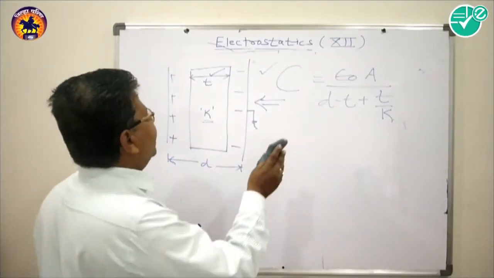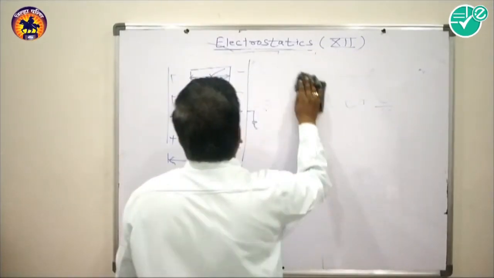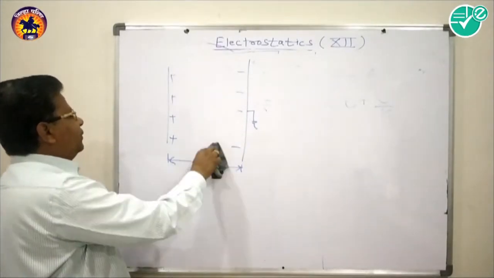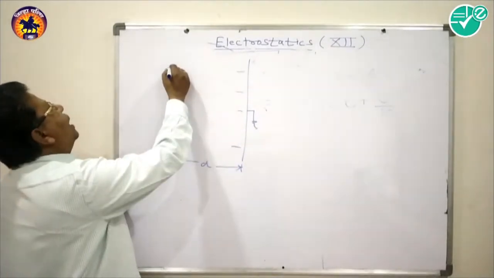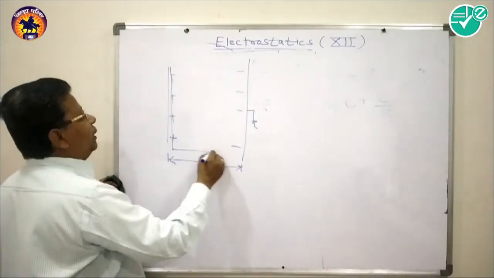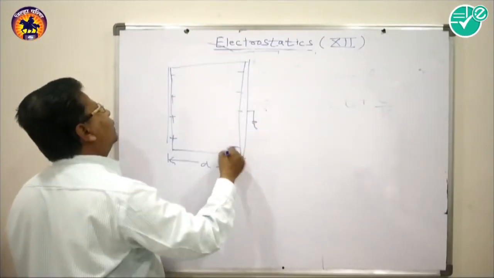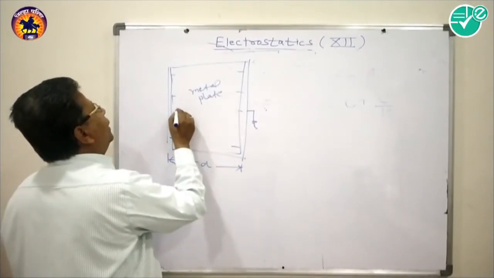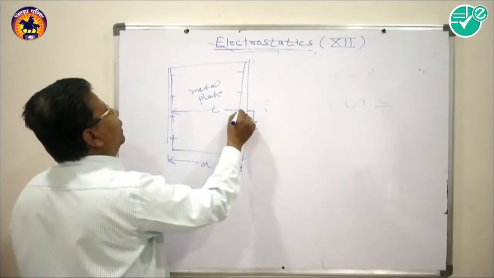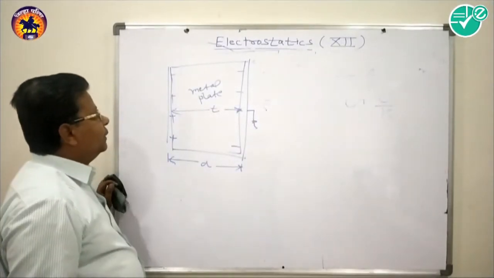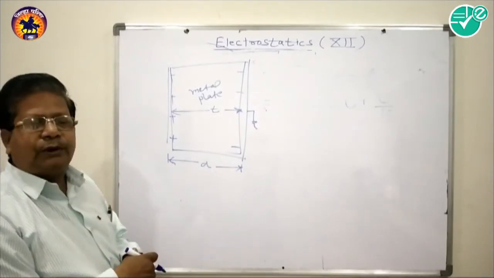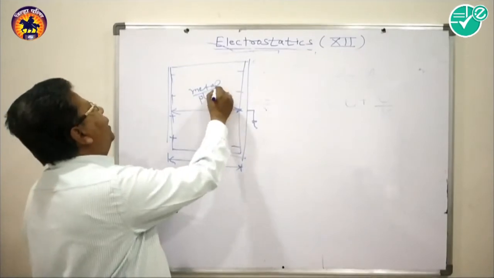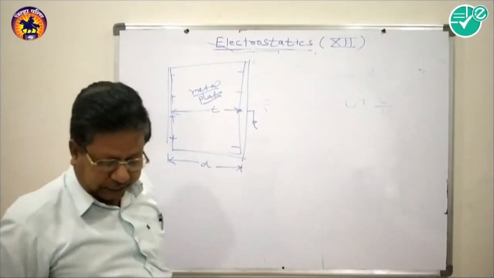Now, in the second case, if the two plates of a parallel plate capacitor are completely filled with a metal plate having thickness T, then what is the capacitance of this parallel plate capacitor which is completely filled with the metal plate?